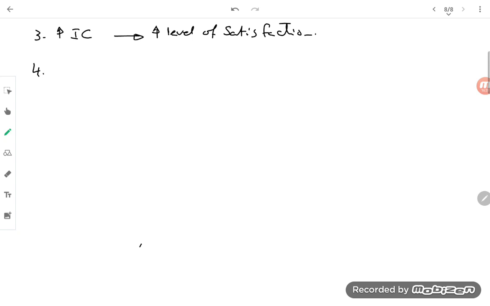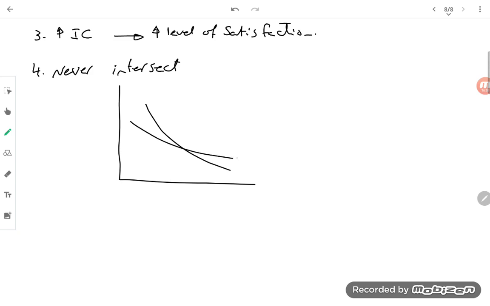Number 4, indifference curves never intersect. We couldn't find such a shape in indifference curves, as with respect to this point, we cannot determine whether they are going to give a level of satisfaction equivalent to I0 or I1.